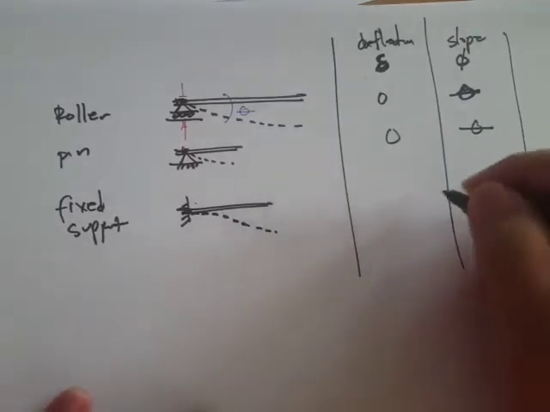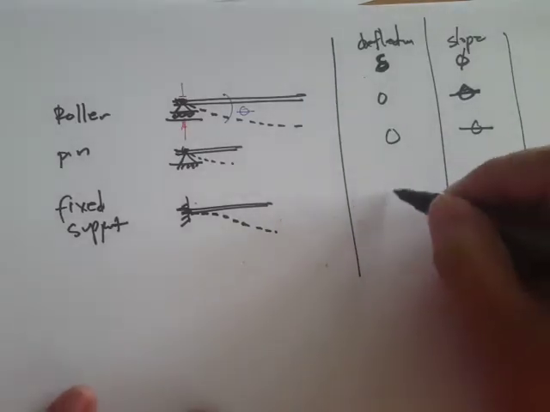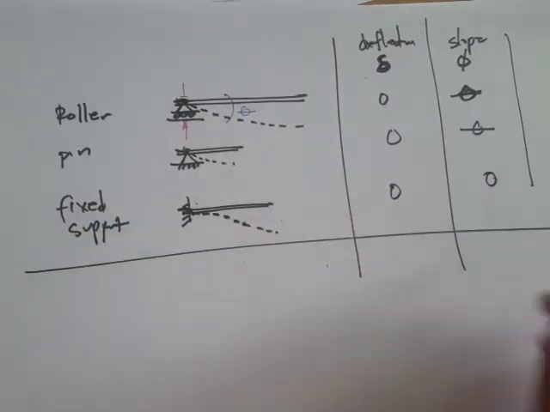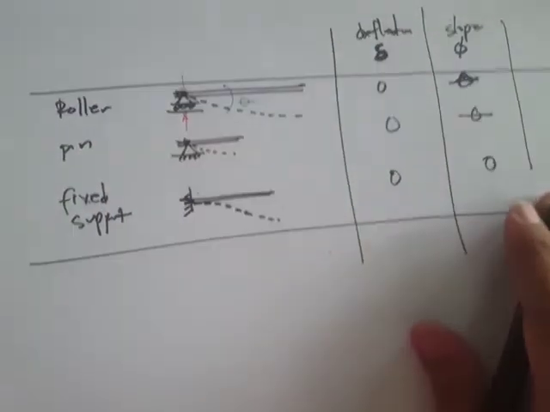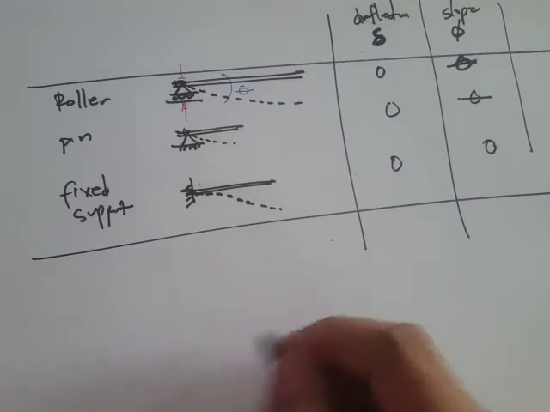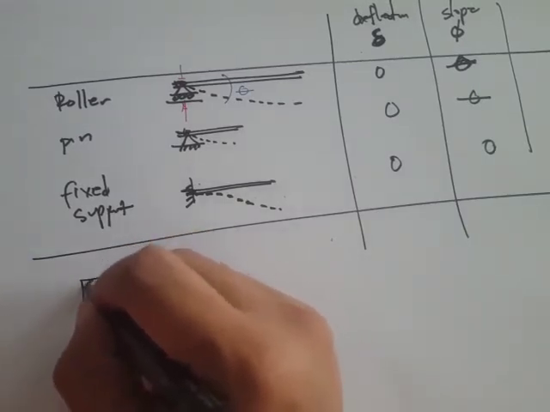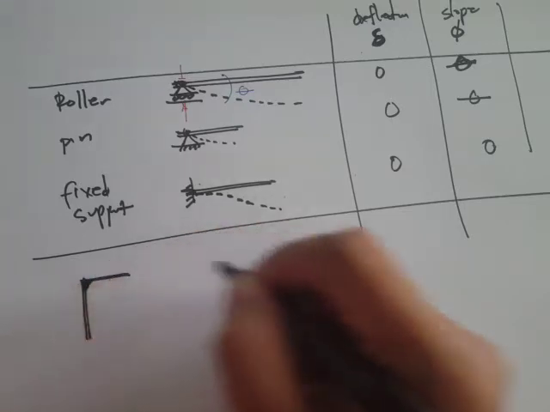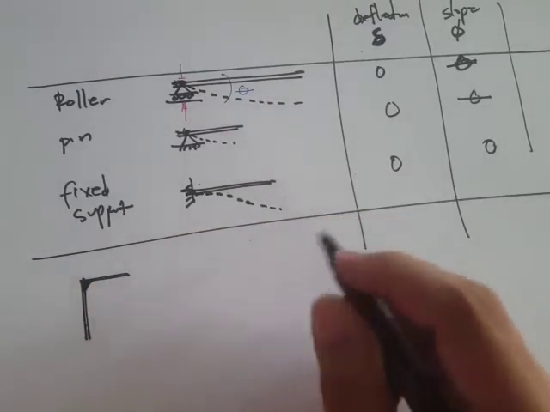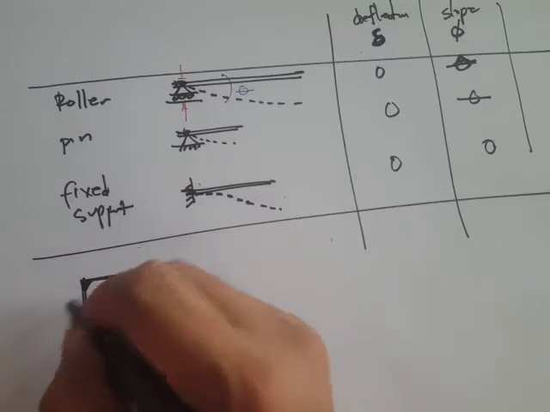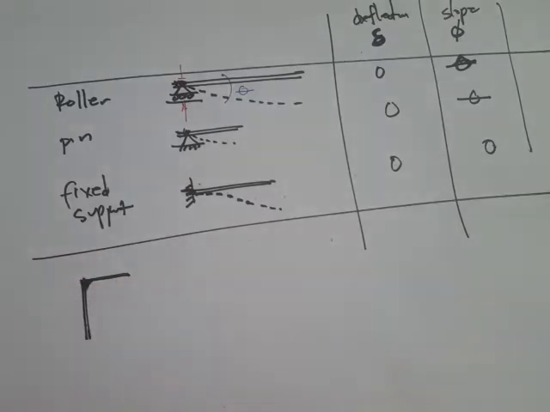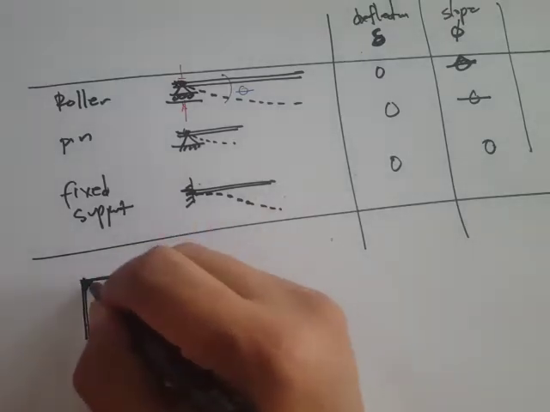Okay, something like that. That's it. Then for a fixed connected joint, for example the portal frame, let's say it's a fixed connected joint, then if it deflects, it's something like this.